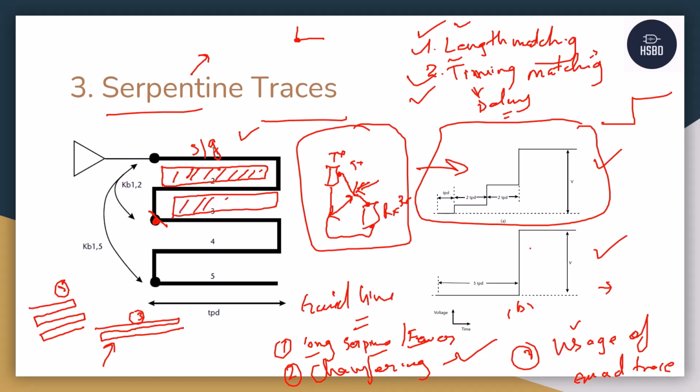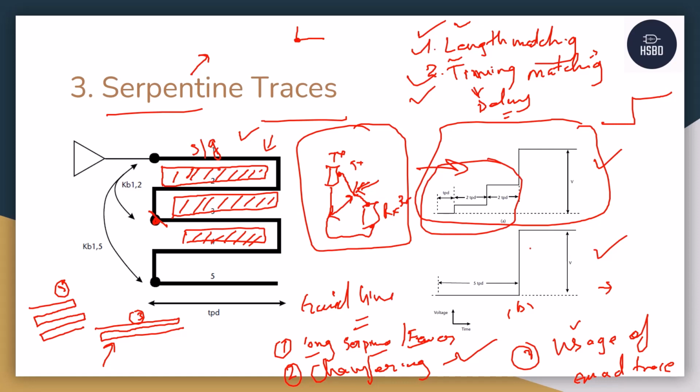As you can see in this example, I've added ground traces over here. So what will ground traces do? The ground traces will help reduce the impedance and the discontinuities that I am getting. And instead of getting a ramped voltage over here, we are going to see this kind of voltage. So this is all about the serpentine traces.